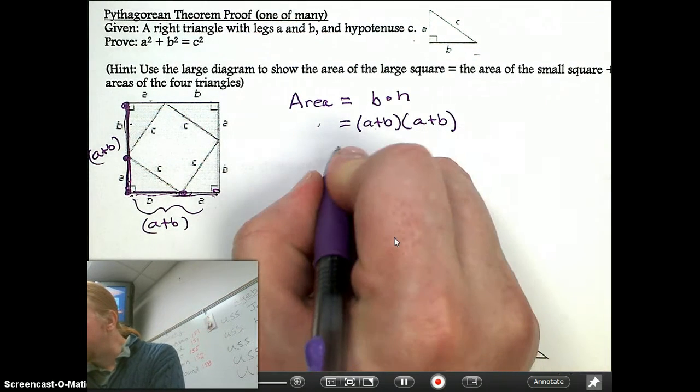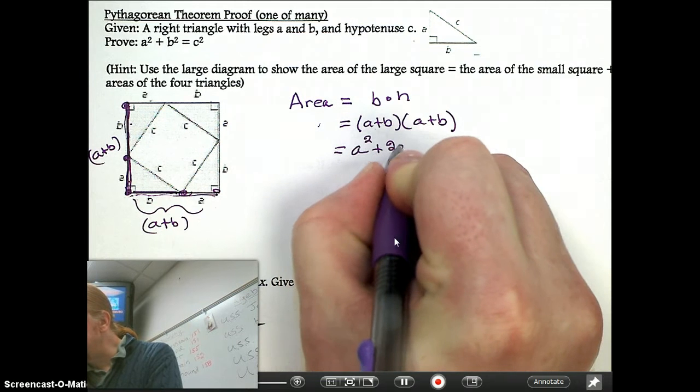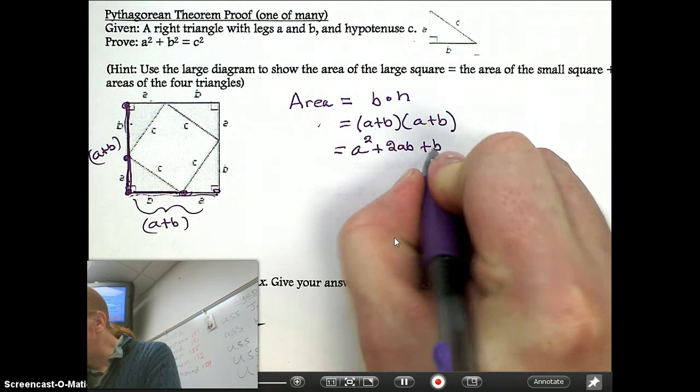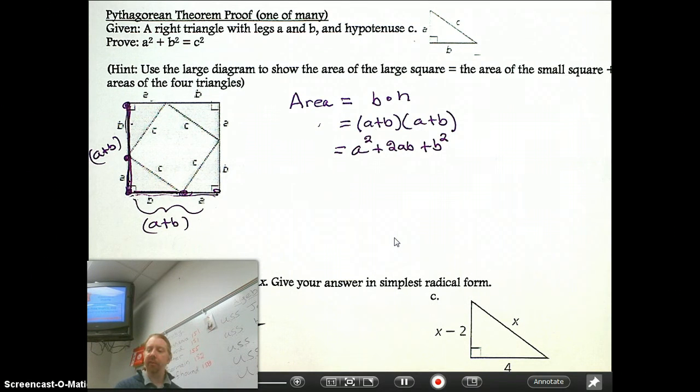Now I'm going to FOIL it out. A squared plus 2AB plus B squared. When I FOIL, that's what I'm going to get when I simplify it down.